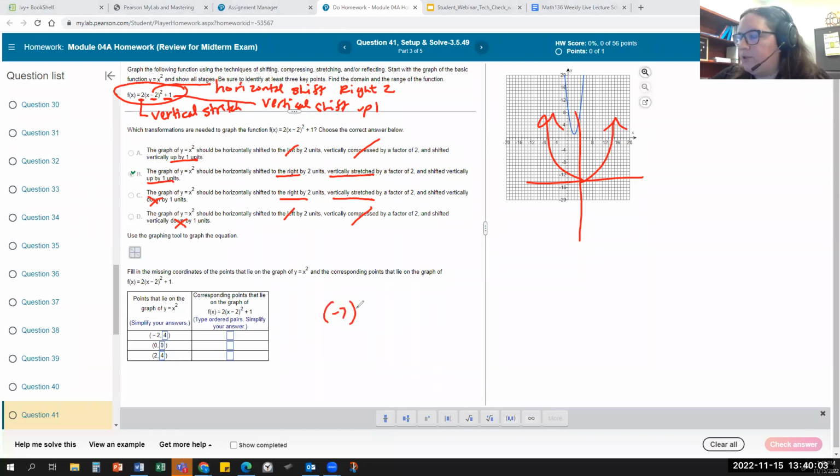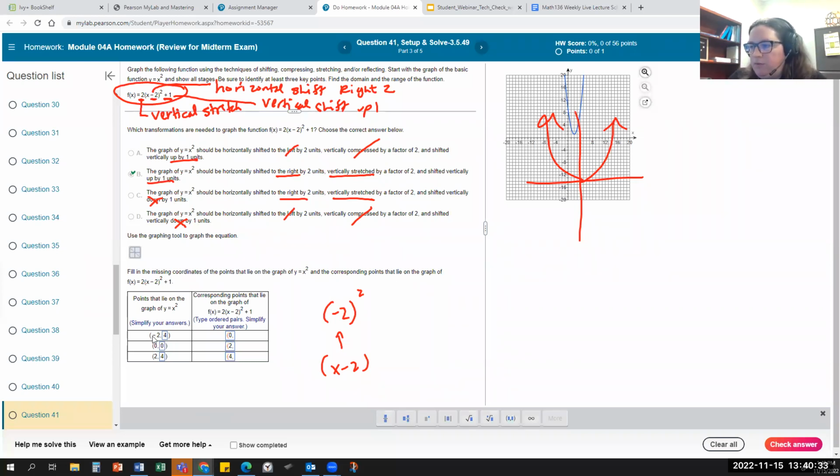So if I have x minus 2 equal to -2, what is x? That would be 0, and then 2, and then 4. And you can see we had that shift to the right 2. So the (0, 0) point became (2, something) because it shifted to the right 2.